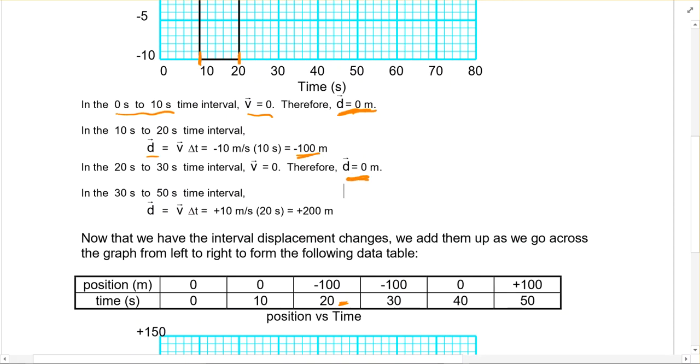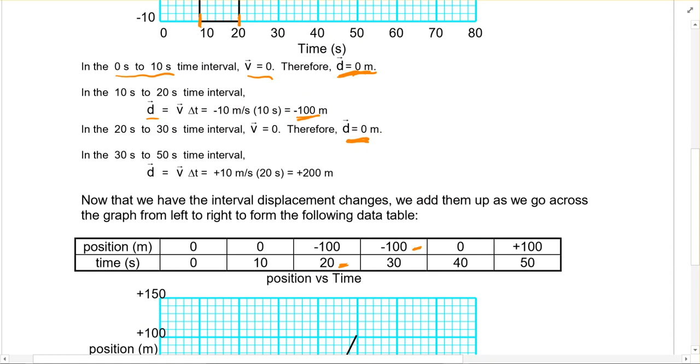Displacement of 0. So why do I have negative 100 written in there? Well, if you think about it, I just added 0. What we're doing is just adding up the displacements all the way along. So this would still be negative 100. The displacement was 0, so I'm still at a position of negative 100. I didn't move from that position. Okay, hopefully that made sense.